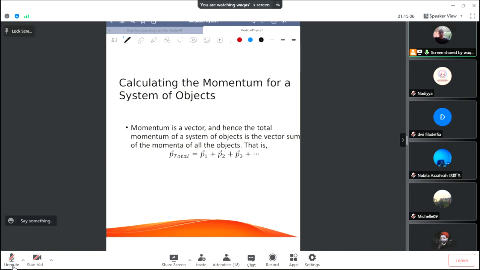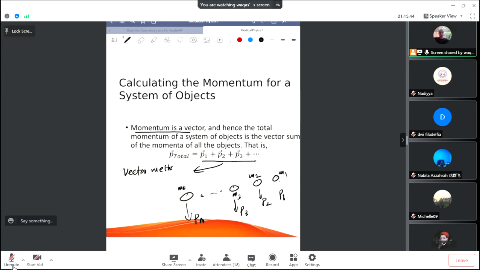We know that momentum is a vector quantity. If there are many bodies, for example, this one has mass m1, this has m2, this has m3, and so on, like this is mn, so this particle has momentum p1, this has p2, this is p3, and this is pn. If I want to add the total momentum, we can add vectorially, by the vector method.